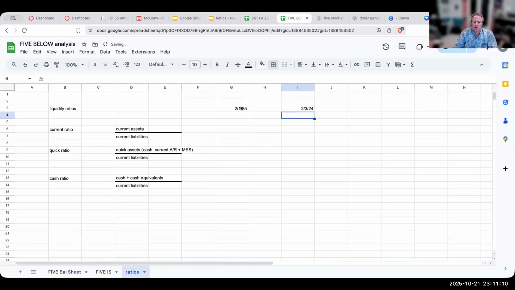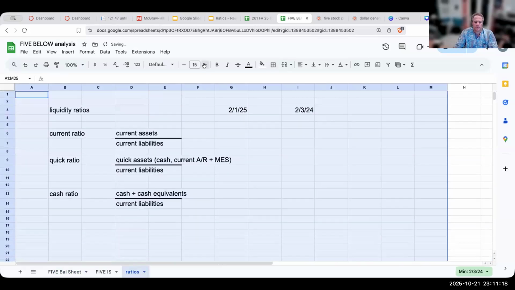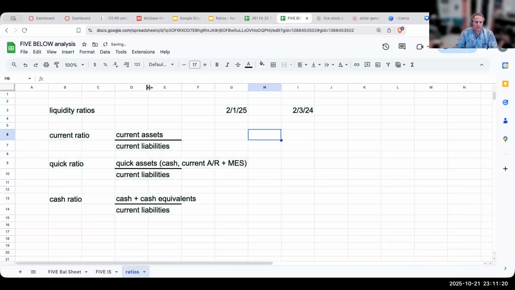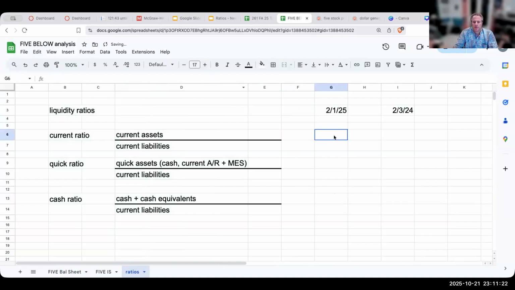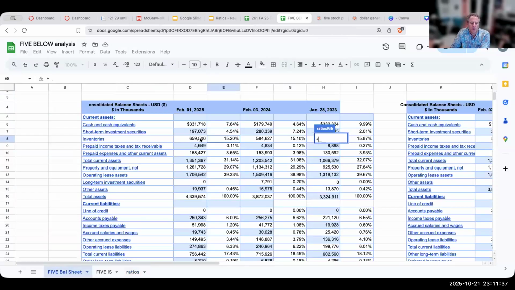When we look at the first one, we're going to make this a little bit bigger for ourselves. We're going to put up here 5, because we're doing this for Five Below. The first one we're going to look at is current assets.